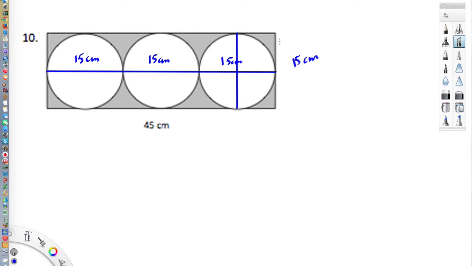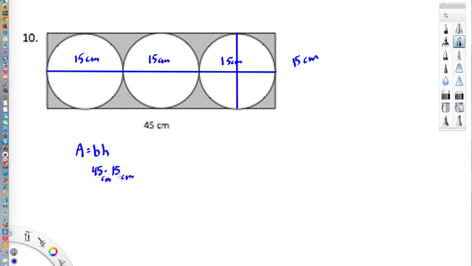Now I can find the area of my rectangle. Area is equal to base times height. My base is 45, my height is 15, and they're both centimeters.